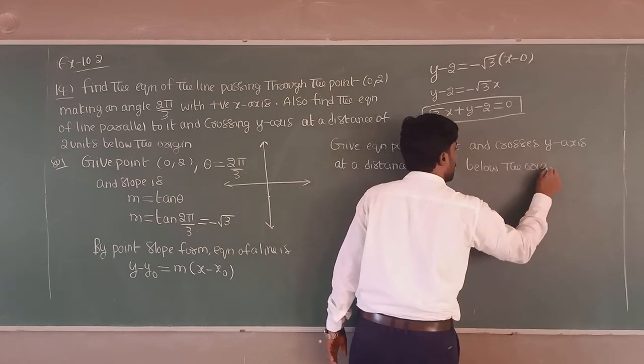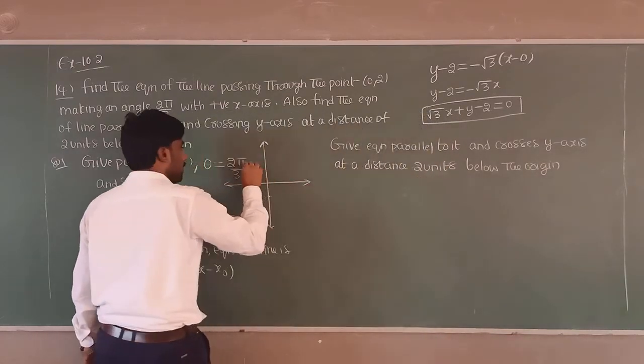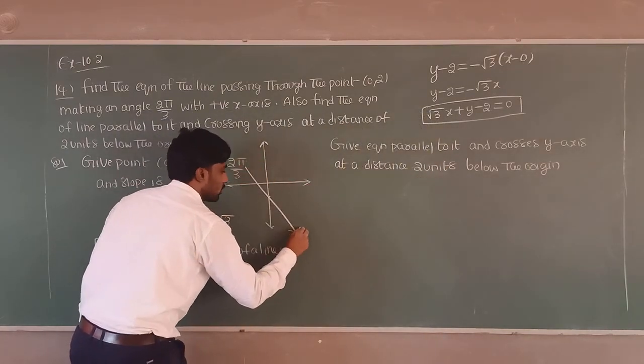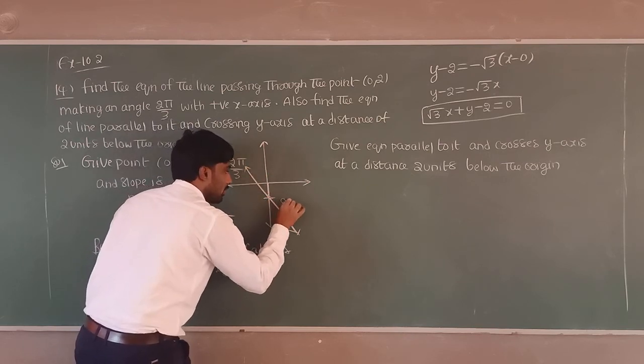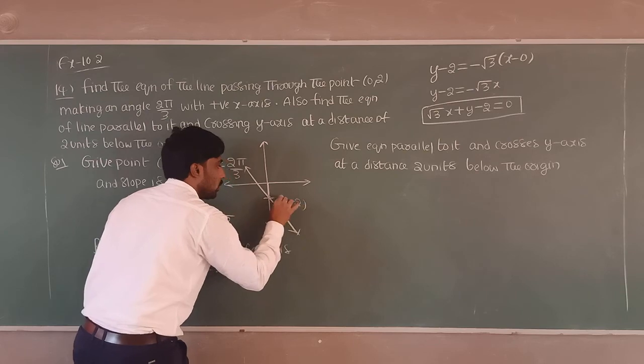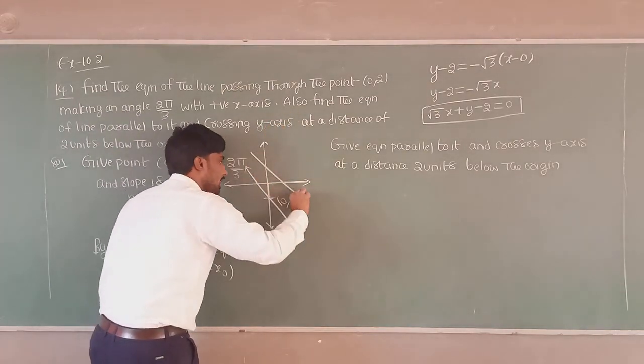If it is below the horizon, the graph will be like this with a negative slope. So this point is (0, minus 2), and this point is (0, 2). So this line is like this.